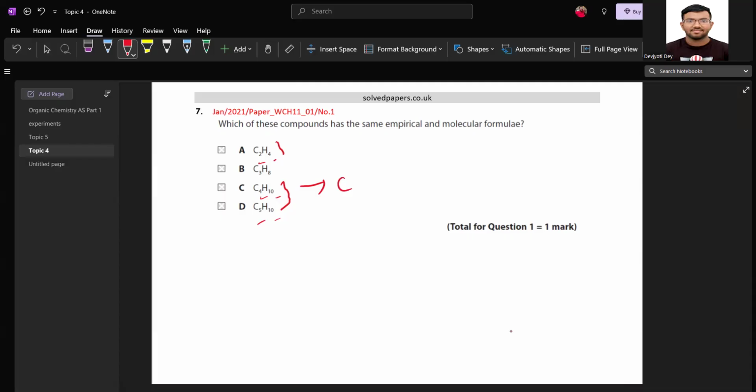So obviously, we can give C2H5 as our empirical formula. And the other one simplifies to CH2. But you cannot simplify C3H8 because one of the numbers is odd and it is not divisible by 2. So C3H8 is the empirical formula, and it is also going to be the molecular formula of that particular compound. So B is the correct answer.